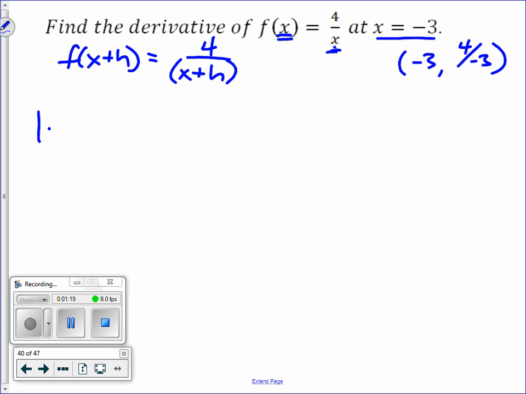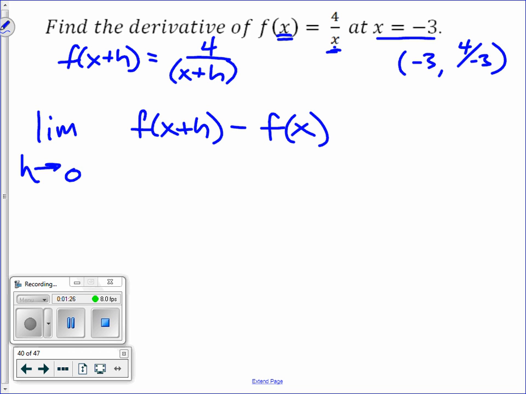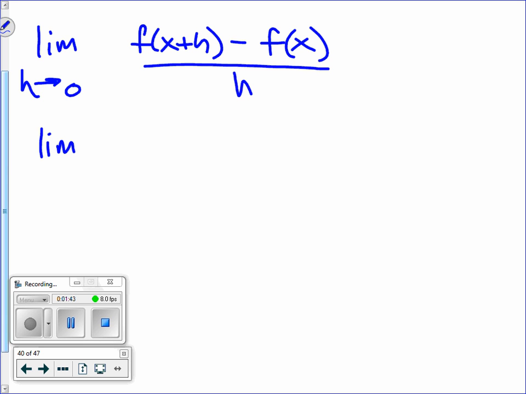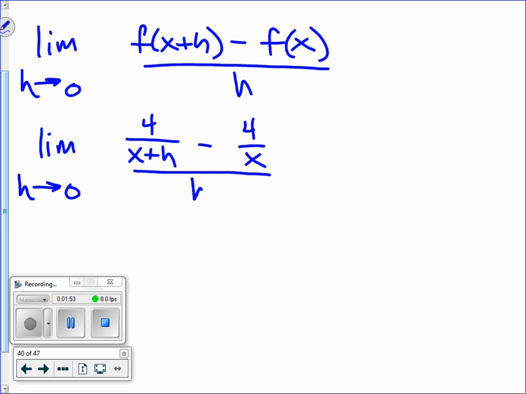So the limit definition of the derivative, I'll write it for the umpteenth time. The limit as h approaches 0 of f of x plus h minus f of x all over h. So fill in what we know. The limit as h approaches 0 of 4 over x plus h minus 4 over x all over h.